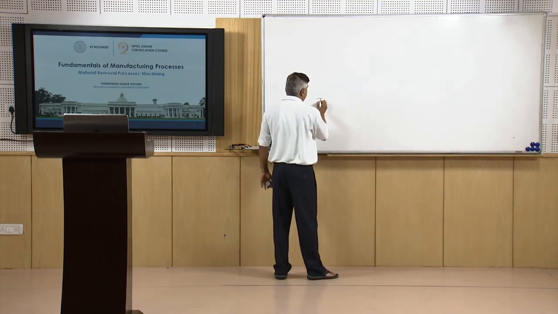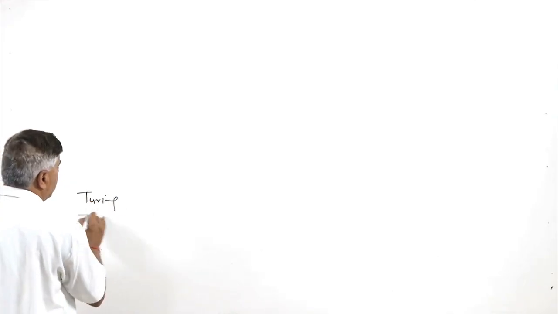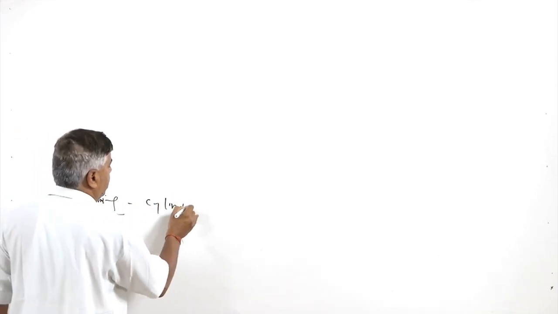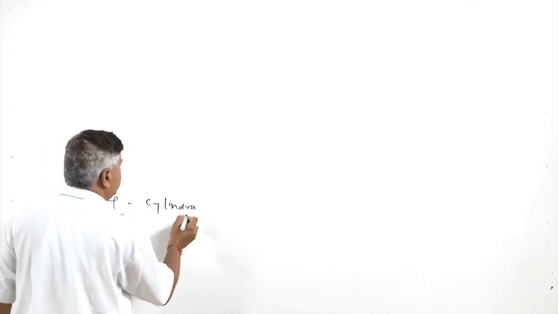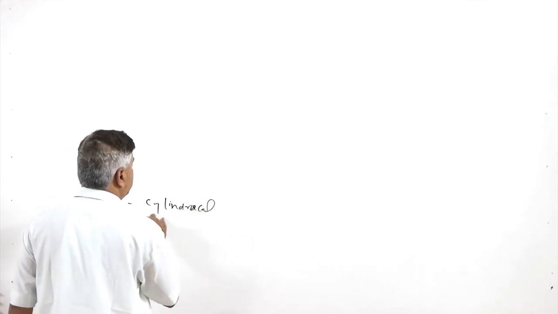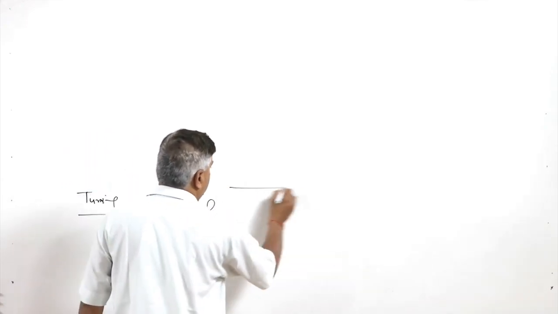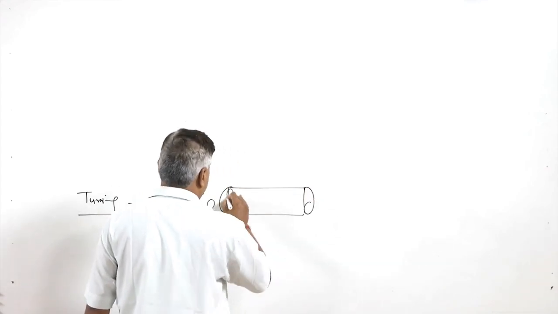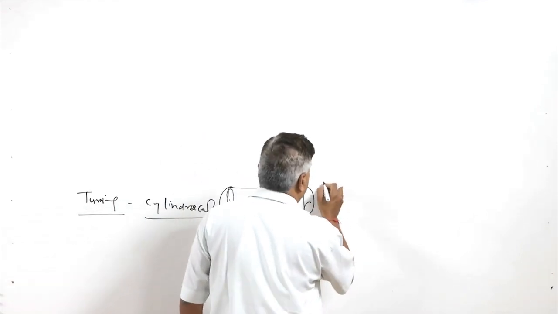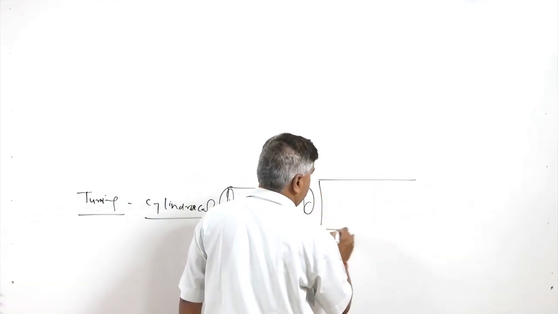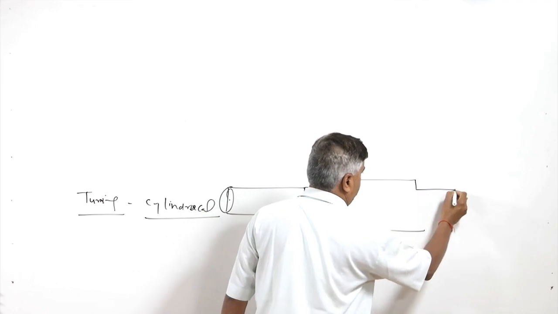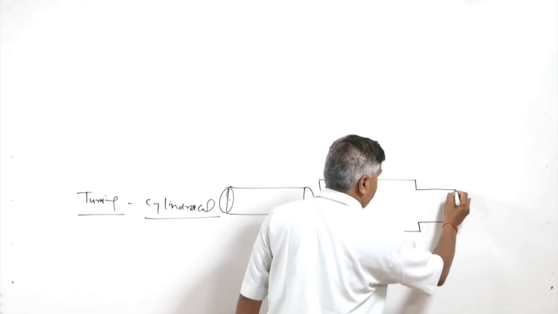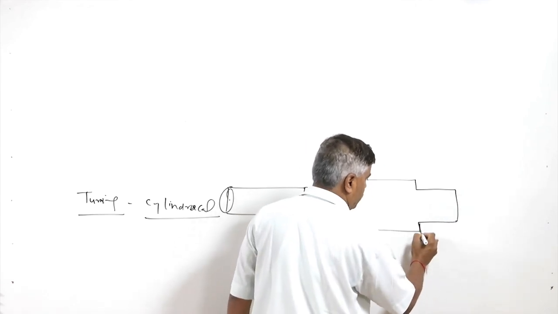For example, the turning process is known for producing cylindrical shape components. So, here cylindrical shape components like this will be produced. For this purpose, this is the portion where machining has been done, and this is our tool.